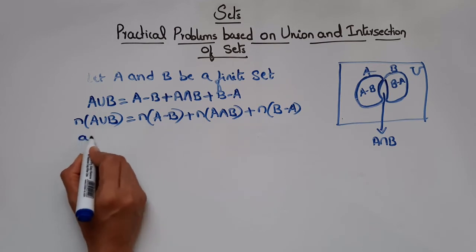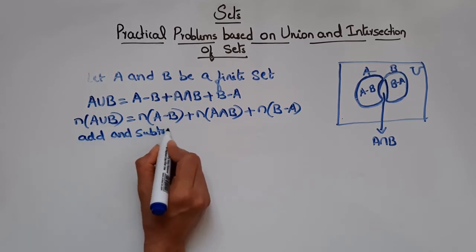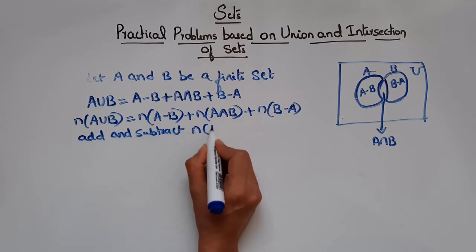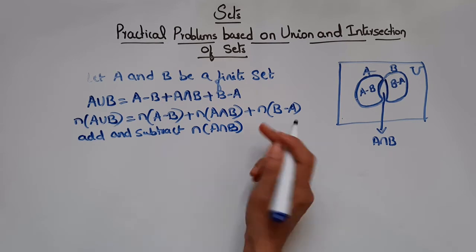Now if we add and subtract n of A intersection B, this will not make any change to the equation, right?